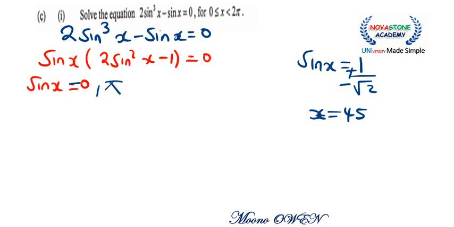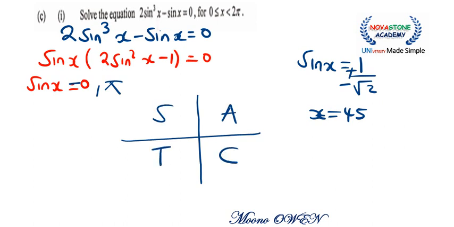Now 45 is a positive answer. Where else is sine positive? So you go back to your diagram and we say all students take coffee. In the first quadrant, all the trigonometric ratios are positive. In the second quadrant, only sine is positive. The way these run, this is 0, this is 90, this is 180, this is 270, and we get back again to 360.